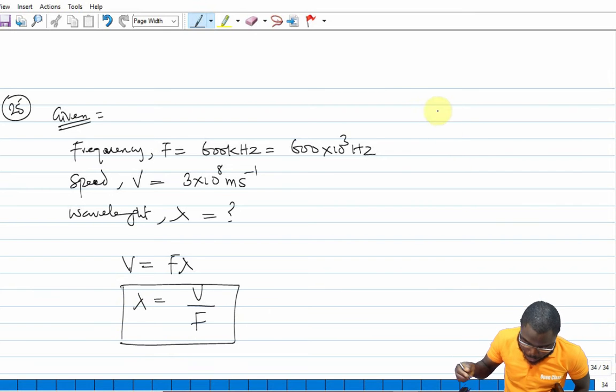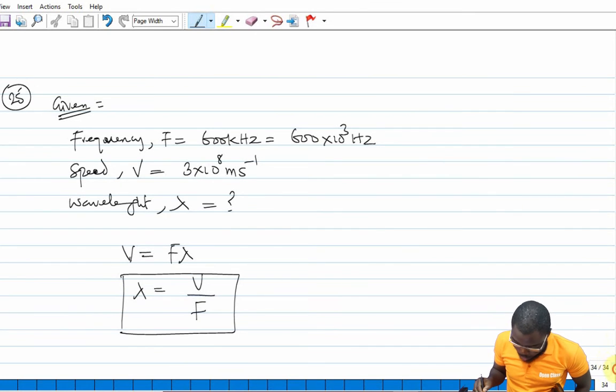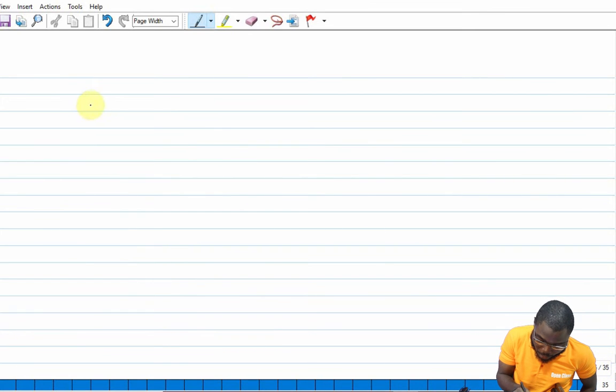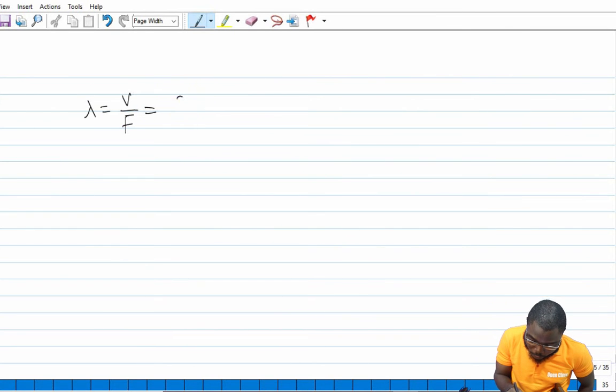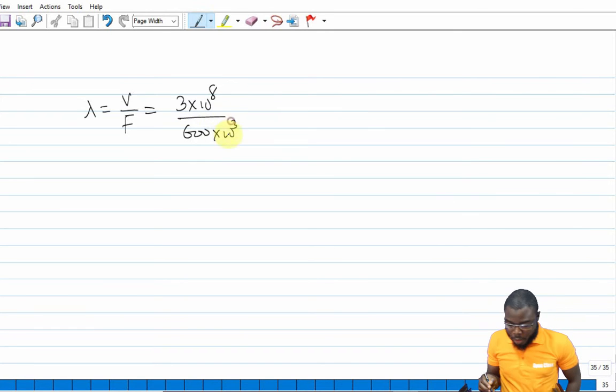In this case, lambda equals v over f, with v equal to 3 times 10 raised to 8 and f equal to 600 times 10 raised to 3. This is very straightforward.